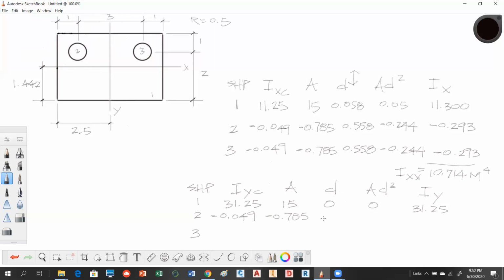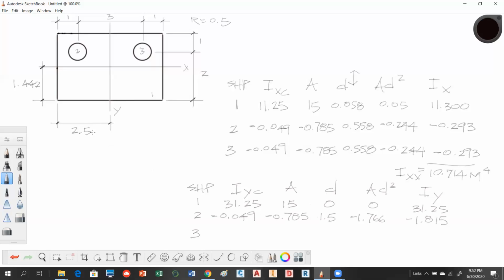So that's going to be 1.5 meters. So that's actually going to take away a lot more than the other one did, because we're going to square that, multiply it by that, and we get a negative 1.766.